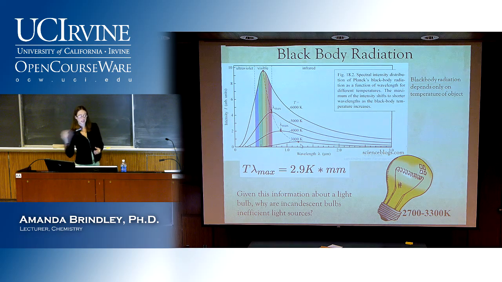So most of the electricity we put into an incandescent bulb comes off in a region of the spectrum that we can't see. It's coming off as heat, and that's kind of useless to us. We don't need to heat our houses with incandescent light bulbs. We want to light them. So something like a fluorescent bulb does a better job of lighting with less electricity because it falls into these higher ranges.